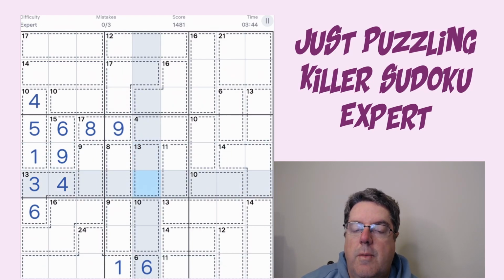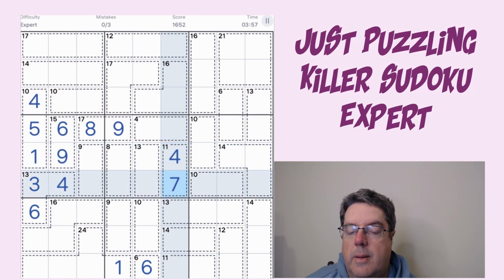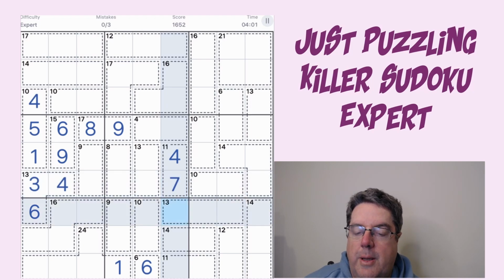8 and 5. 2 and 6. 4 and 7. 3 and 1. So you can see here 4 can't be in this row, can't be in this one because 4 has to be the 6, so it's 4 and 5 here.